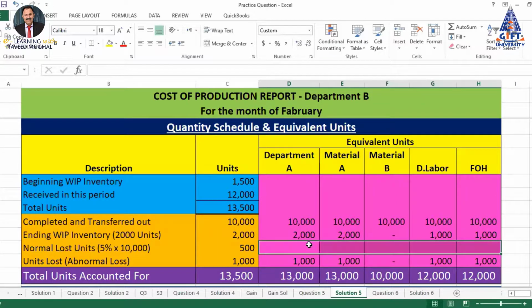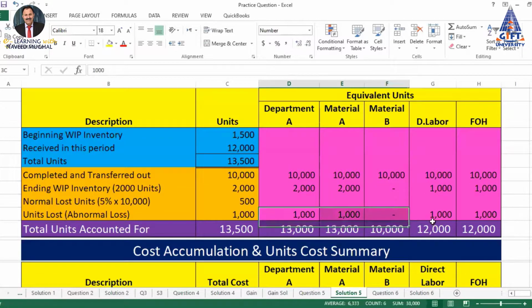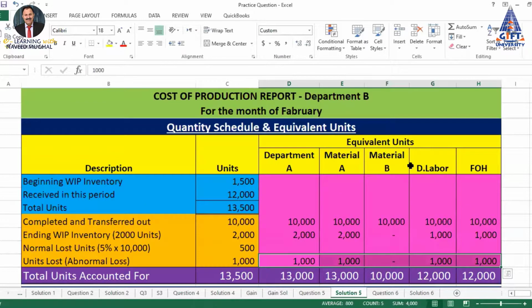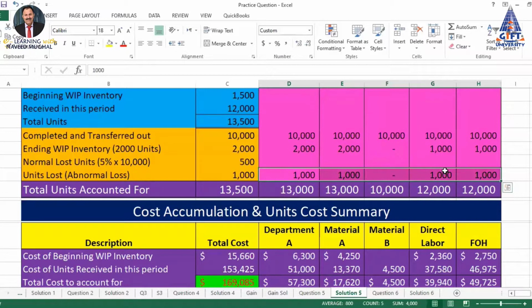When we have normal loss, we do not add those normal loss units in the calculation of equivalent units as per rule. And when we have abnormal loss, we add the abnormal loss units in our calculation of equivalent units. And if we have a stage of completion of those abnormal loss units, we will multiply that stage of completion with that.